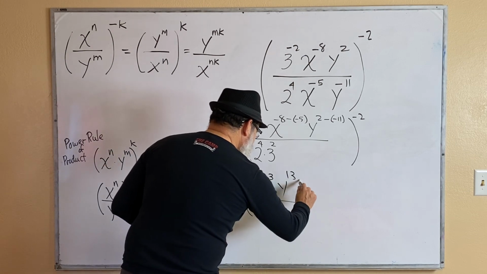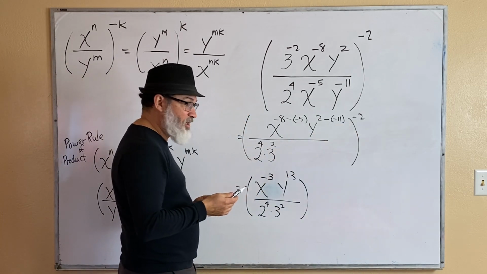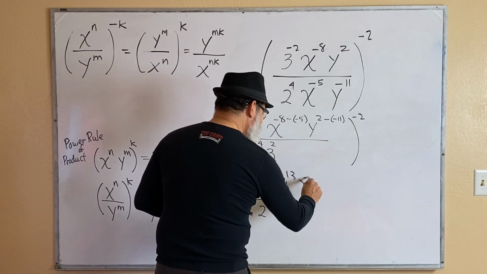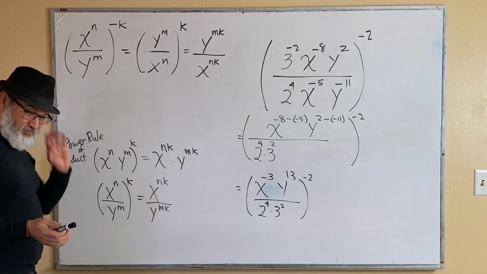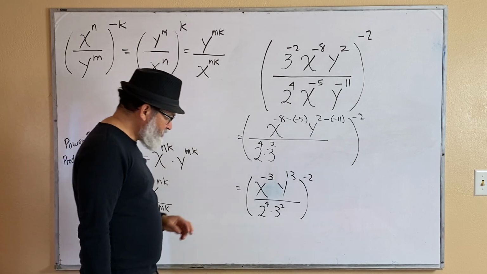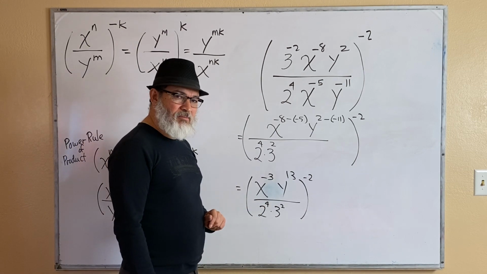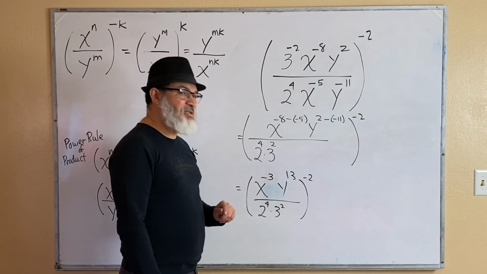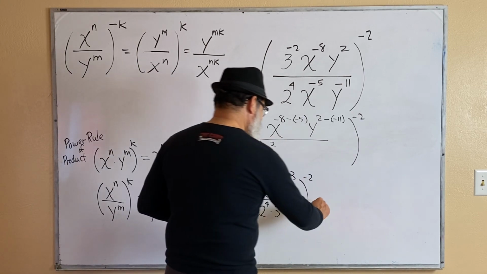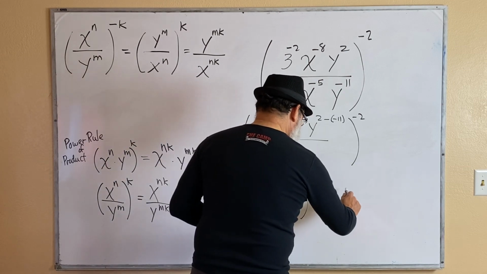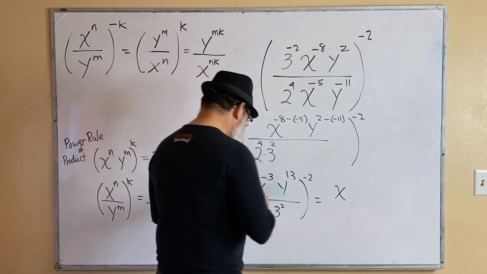And this is raised to the, note, I have not flipped the house yet, okay? To the negative 2. Okay, I'm almost there. Okay, this is 16, and this is 9. If you want to do that, you can do that. Okay, so this is x to the negative 3.